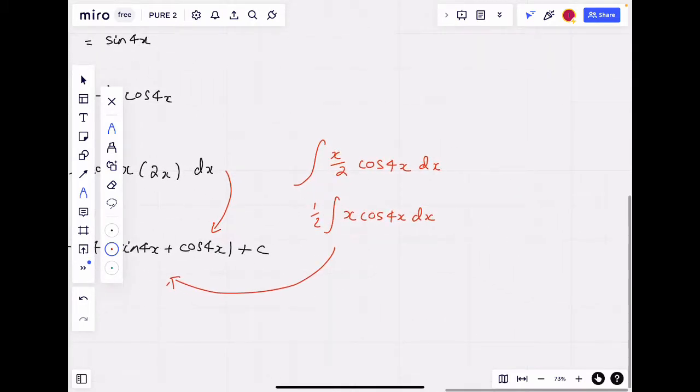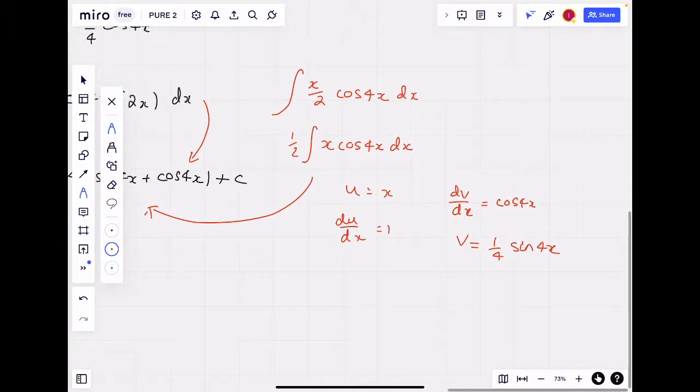So u equals x, dv by dx equals cos 4x. So du by dx equals 1, and v would equal 1 over 4 sine 4x.